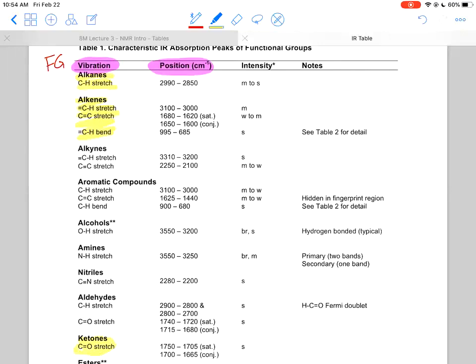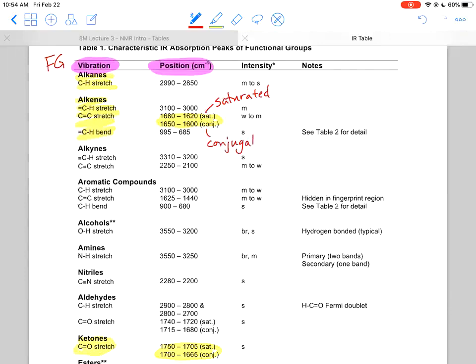Great. So from there, you'll notice within the alkene part that to identify it we have two options. We have the same thing for a ketone. So I wanted to find this SAT. This is defined as saturated, versus conjugated.